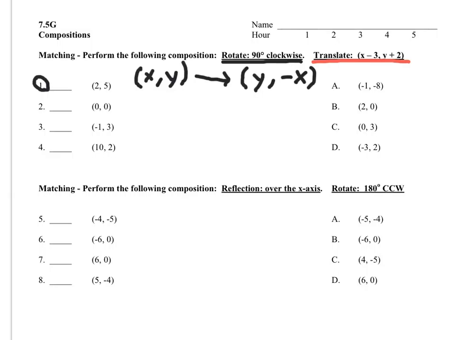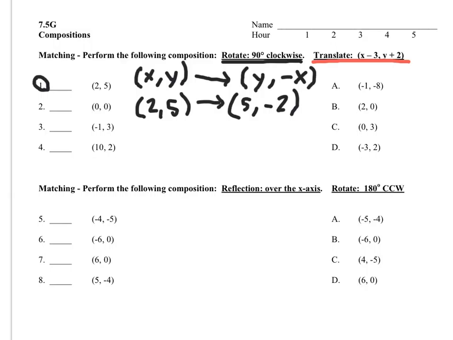In this case, 2, 5 becomes 5, negative 2. And that is our new point after we've rotated it 90 degrees clockwise.